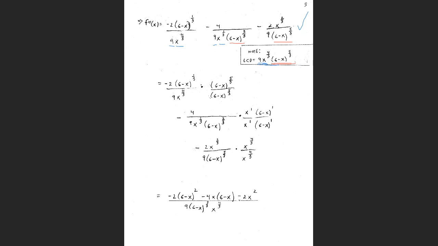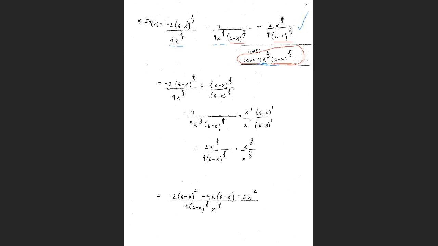That's right, Lynn. I agree. I think this is the simpler way to get the second derivative. I worked this problem out just like I were a student, and I didn't want to mess with that. I wanted to get the second derivative this way. So the least common denominator is going to be 9x to the 4/3 power times the quantity 6 minus x to the 5/3 power.